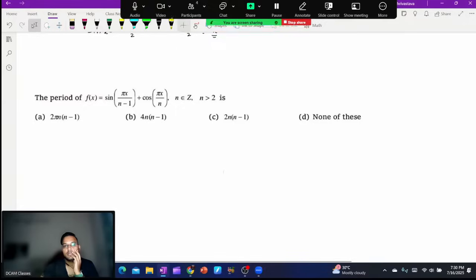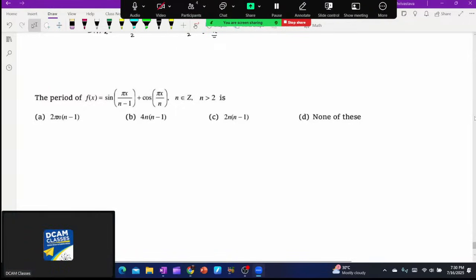Try solving this. So is it option C? Option C, no?